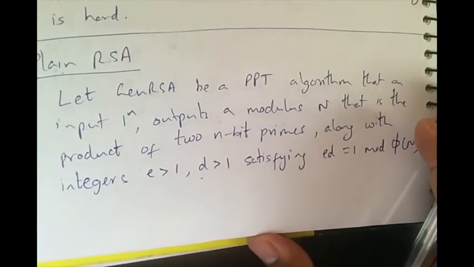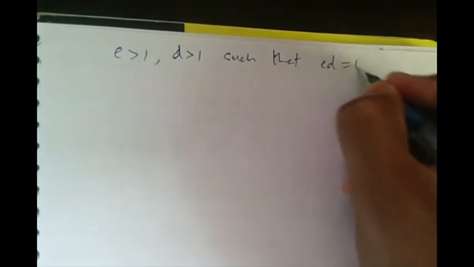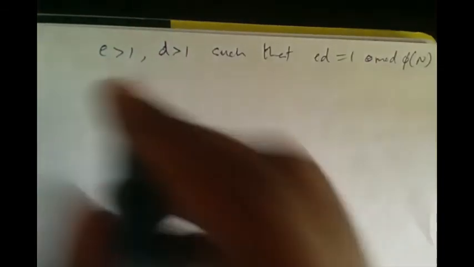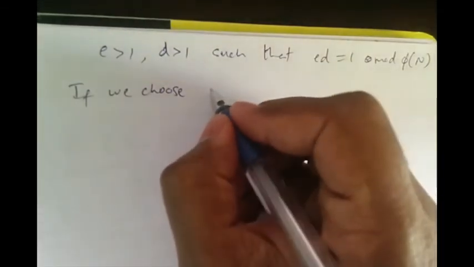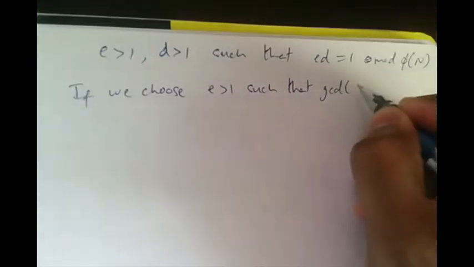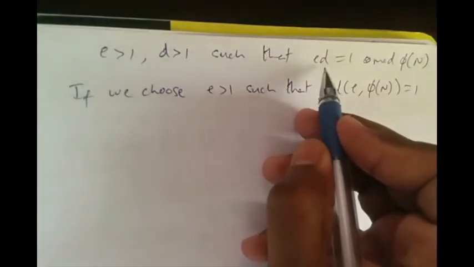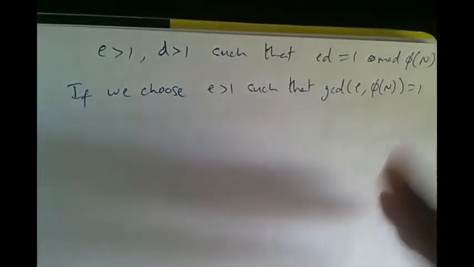So we want e greater than 1 and d greater than 1, such that e times d equals 1 mod phi of N. Now if we choose e greater than 1 such that the GCD of e and phi of N is 1, then the multiplicative inverse of e exists by the lemma, or proposition, we saw before.